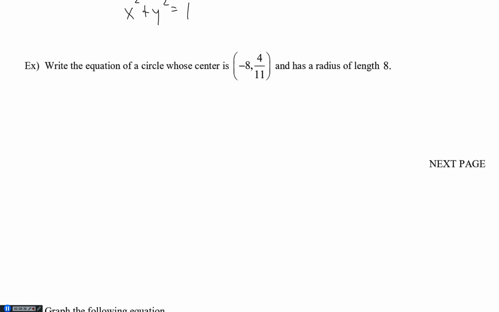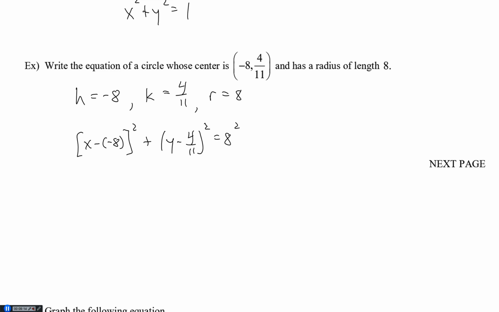So for example, let's say we wanted to write the equation of a circle whose center is (-8, 4/11) and has a radius of length 8. So h would be negative 8, k would be 4/11, and r would be 8. So we'd have x minus negative 8 squared plus y minus 4/11 squared equals 8 squared.